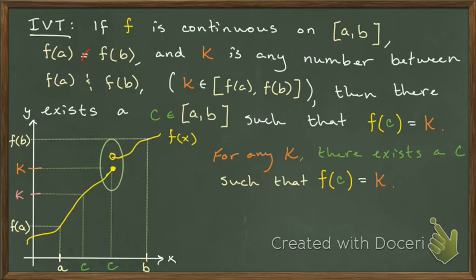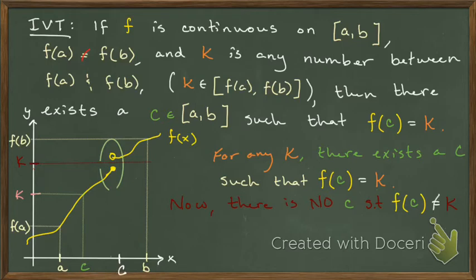But what happens in that situation is I can find a k. Now, there is some k or some c such that f of c is not k. So there's no corresponding c value. There's no corresponding c down here that when I plug it into my function, I get that k value.